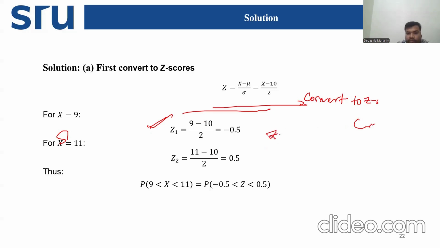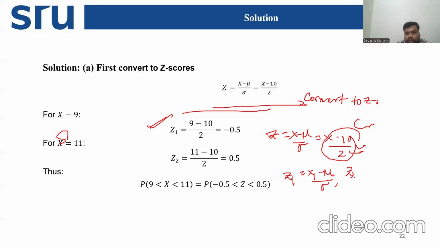Here we need to use this formula, z equals x minus mu divided by sigma, that is x minus 10 divided by 2. Whenever we are calculating z1, we apply x1 minus mu divided by sigma. When you calculate the z2 value, you apply x2 minus mu divided by sigma, the same formula.